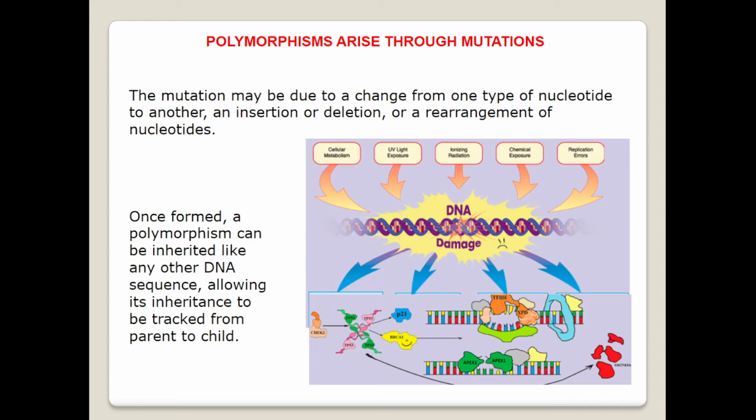But when we speak about polymorphism, we need to think about a slightly different situation. It will change genetic material, but it will not be critical as a reason for disease. So it will give a new shape, a new function of an enzyme for example, but it will not be a reason for disease.